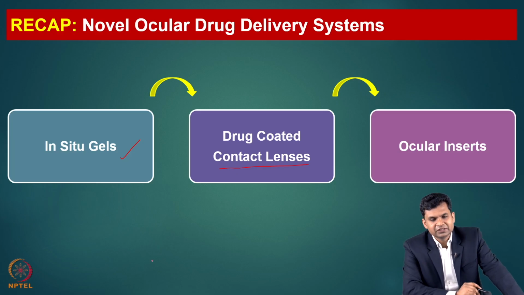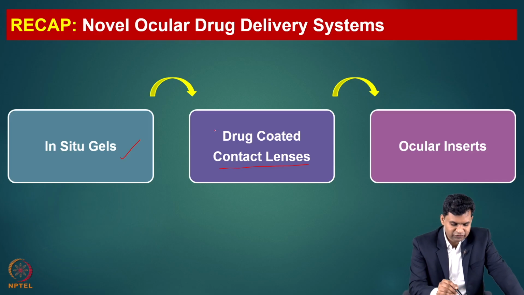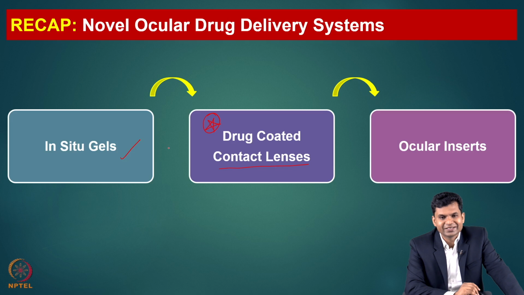We have seen the properties of the contact lenses, how they differ from the conventional systems, and we have seen the advantages. And also we have discussed the importance of drug coated contact lenses for the treatment of eye diseases.